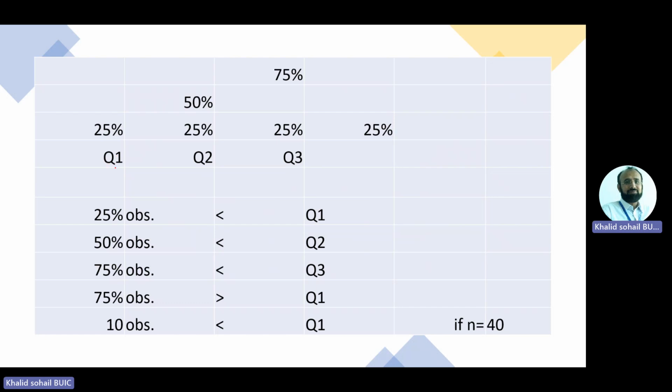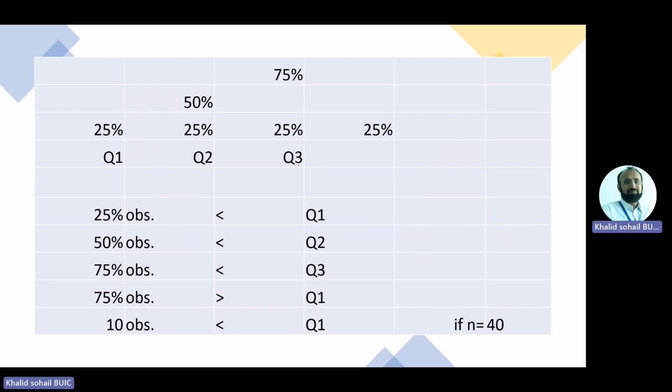Let's say we calculate the first quartile, so 25% of the data values are less than the first quartile. And in the same way, if we are calculating the second quartile, or basically the median, it divides a set of data into two equal parts. So in case of Q2, 50% of the values in the total data are less than Q2.